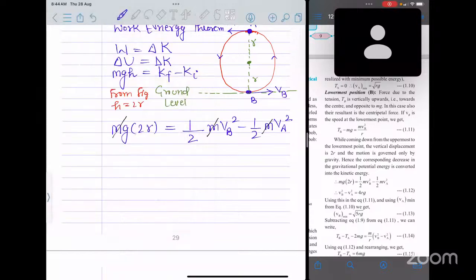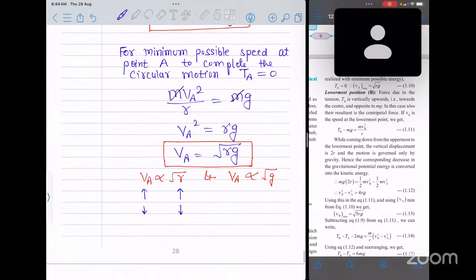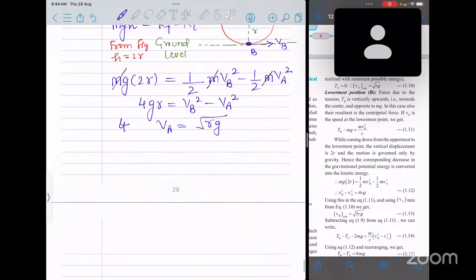If you multiply 2, it will become 4gr is equal to vb square minus va square, and the value of va is equal to square root of r into g. We have calculated it, va is square root of r into g. Substitute it, you will get vb square minus r into g is equal to 4r into g.